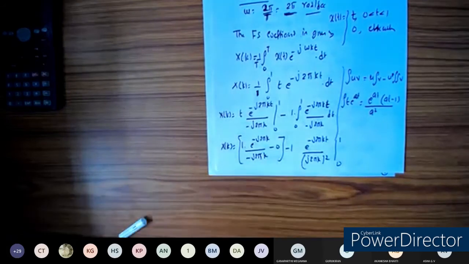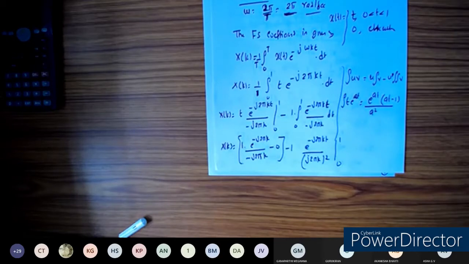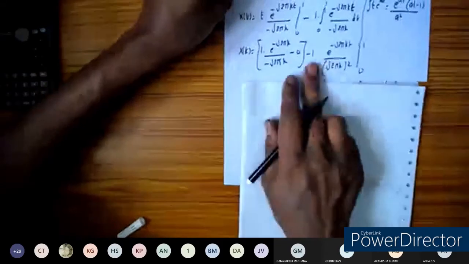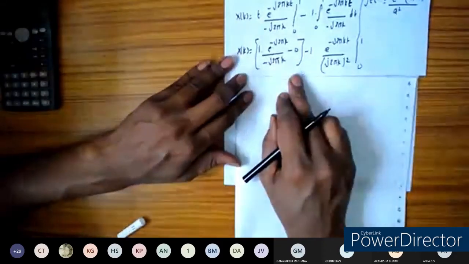You can apply the limit 0 to 1. Done, right? Now let us evaluate the integral part.